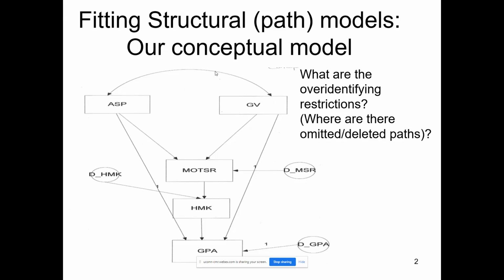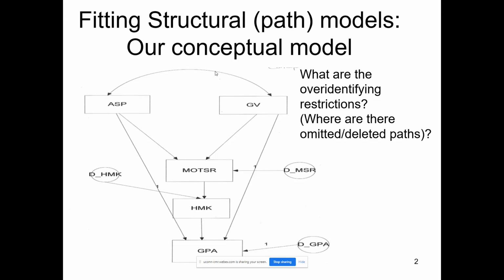Where are there omitted or deleted paths in this model? If it were a just identified model, we'd have a linkage between each and every pair of variables. But we don't have linkages between every pair of variables here. So where do we not have those linkages?